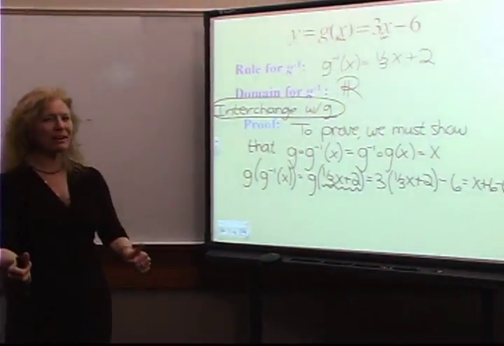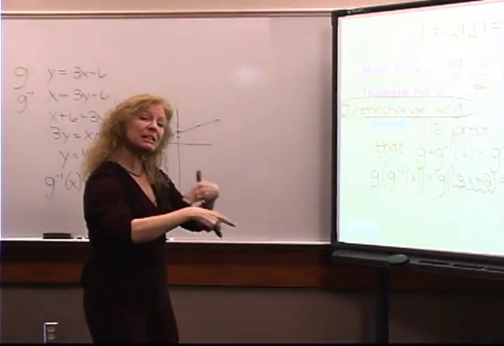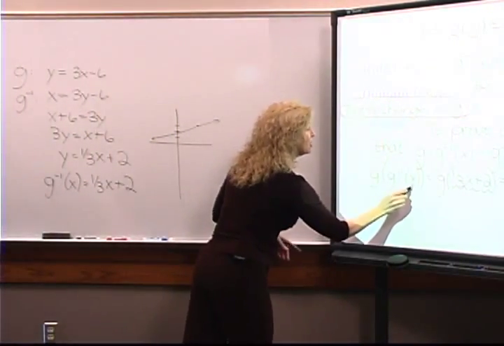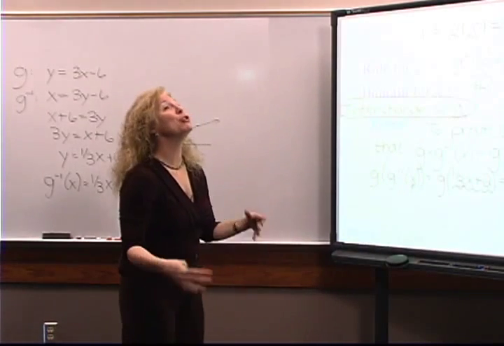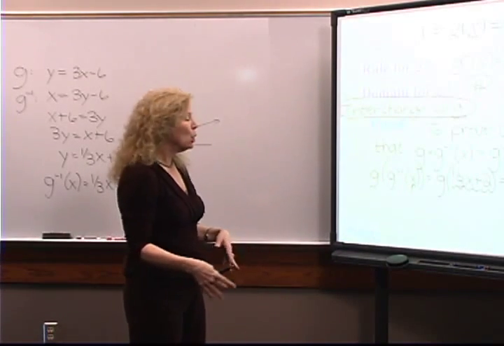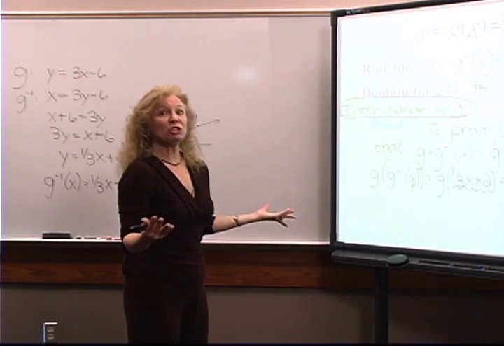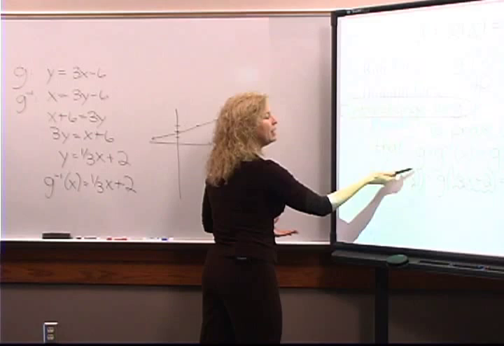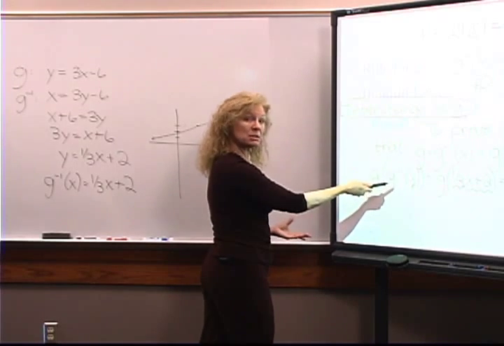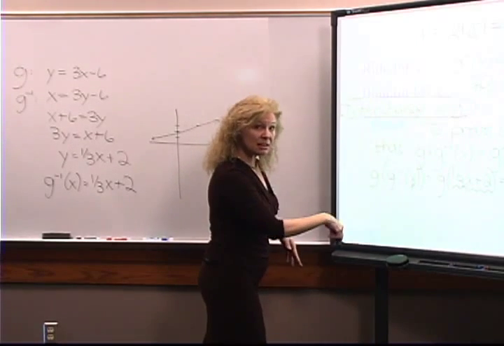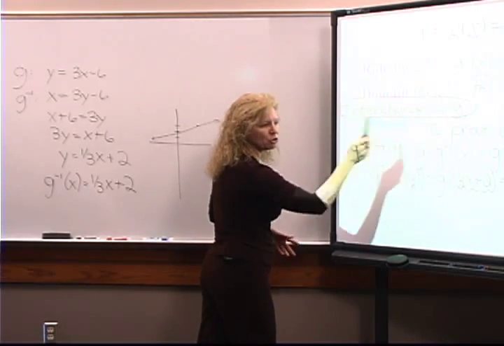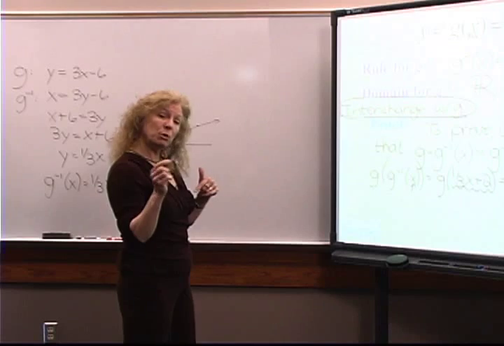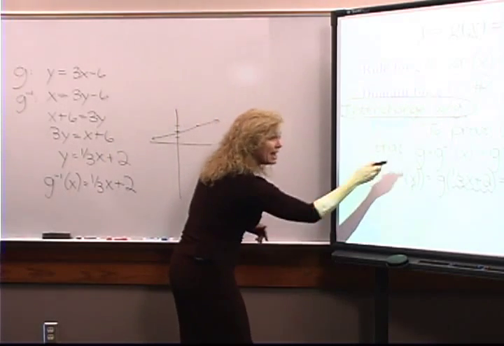Yay! That's what we wanted. And we algebraically showed that no matter what value you start with, I don't care if you call it q or z or star, whatever you started out with, whatever g inverse did to it, g undid that, and you got back to your starting point. Now, remember, it's not commutative, so I have to go both ways.